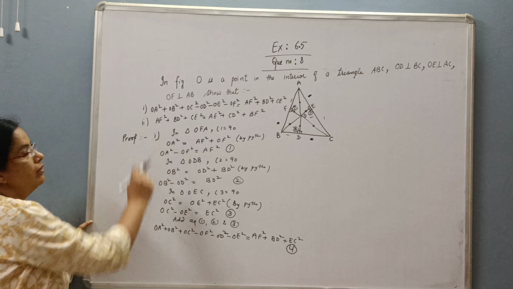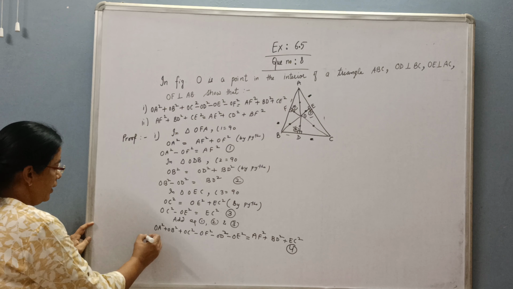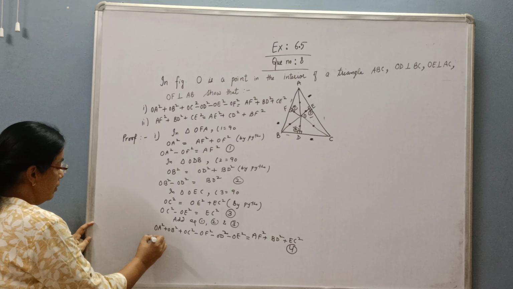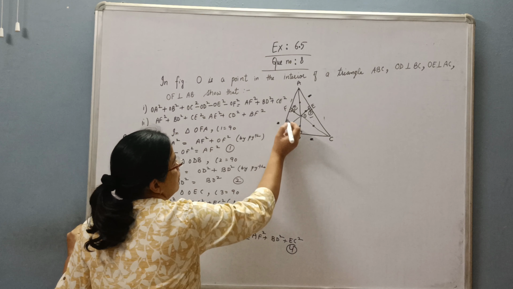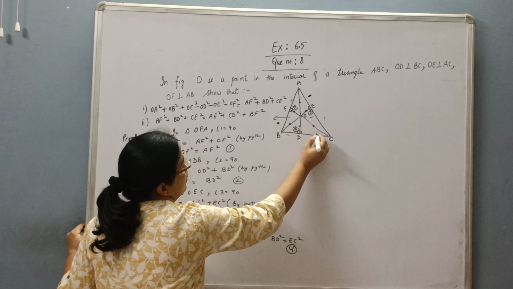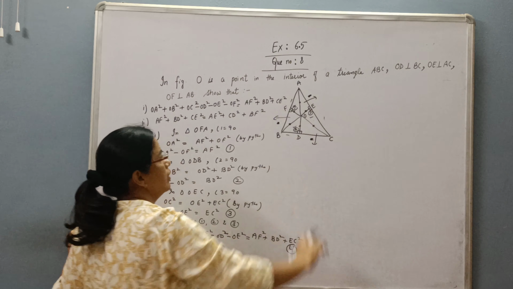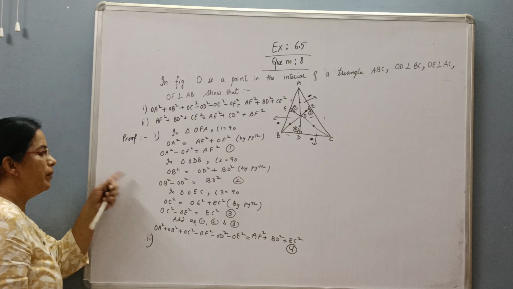Okay, now we will solve part number 2. Now consider the triangles, this one, then this one and this one, in the same way as we have done in part number 1.